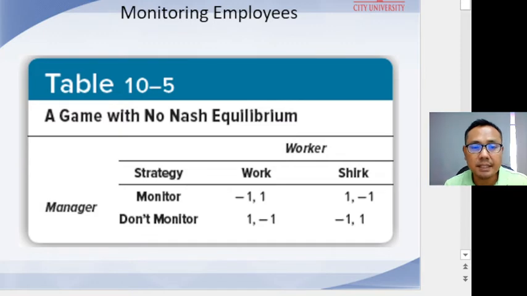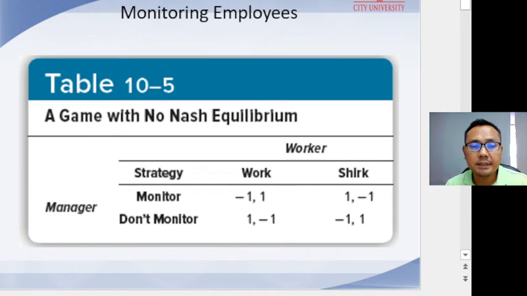In our discussion of the manager-worker principal agent problem in an earlier chapter, we noted that one way a manager can reduce workers' incentive to shirk is to engage in random spot checks of the workplace. Game theory provides a way of seeing why this can work.